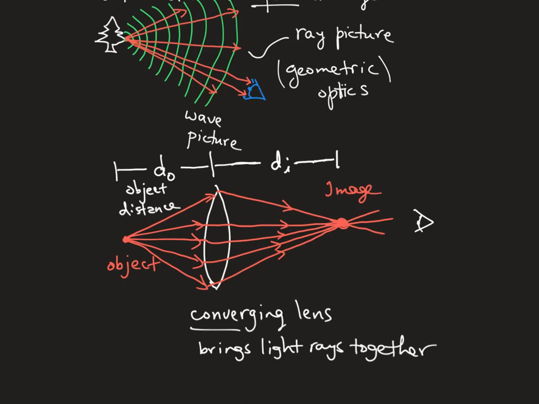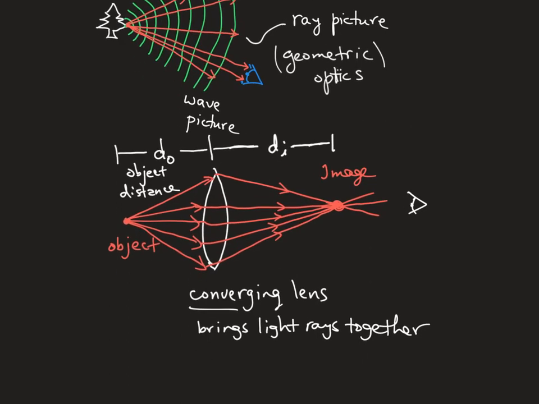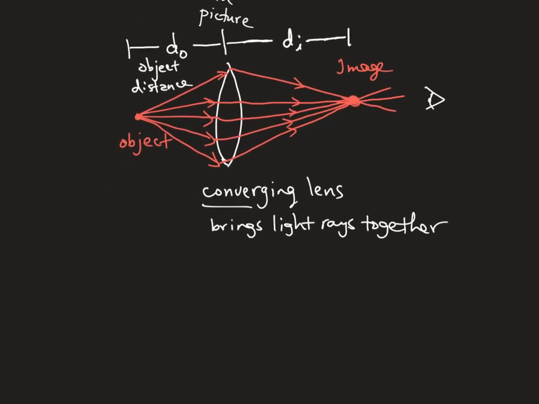Okay, and then one more thing before I end this video so that it's not too long. One more thing I just wanted you to be able to think about is a definition: what's called the focal length of a lens.